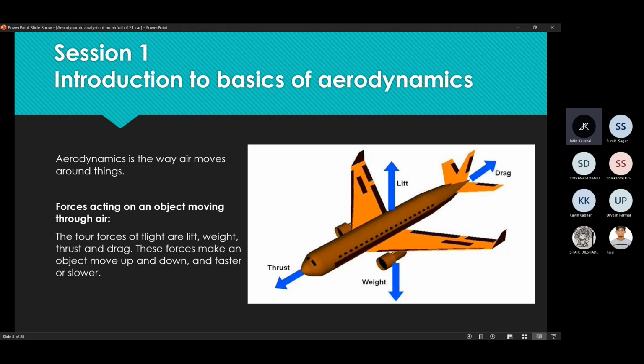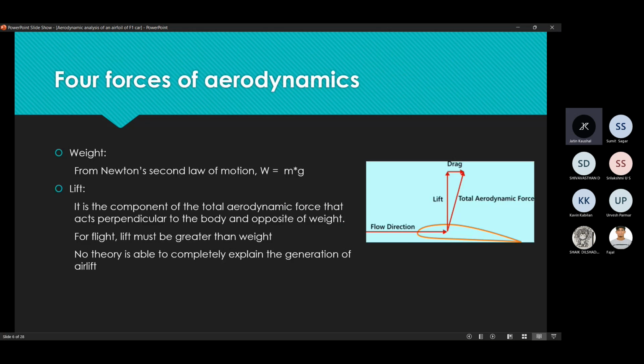Those four forces are thrust, which acts in the direction of motion; drag, which acts in the direction opposite to the motion; lift, perpendicular to the motion; and weight, toward the earth due to gravity. Now we will deal with each of the forces individually.